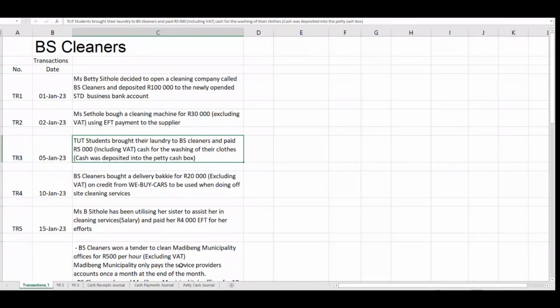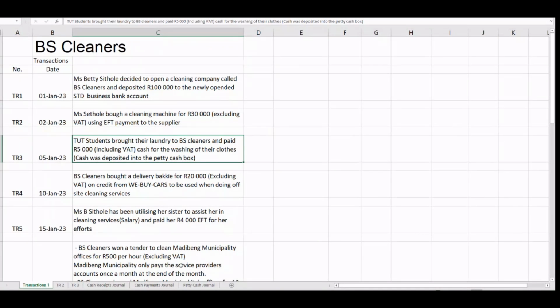Neo Poshoko. I'm not sure, I'm just trying my luck. I think it's petty cash because we received the money and it was deposited into our petty cash box. I think it's a petty cash journal because it's deposited in the petty cash box.